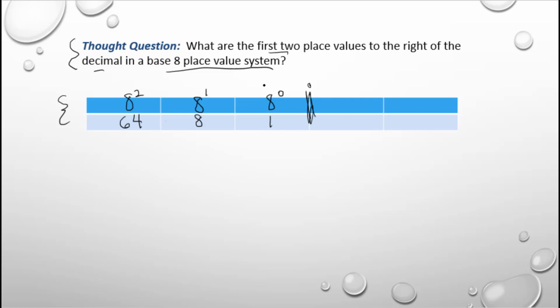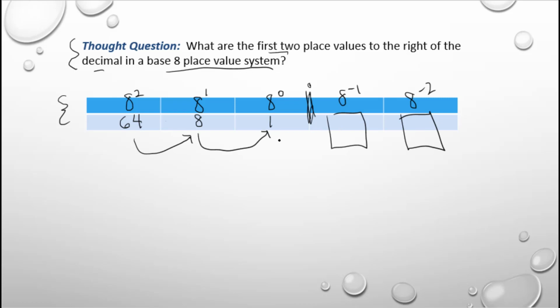So if you remember the pattern, this has got to be 8 to the negative 1 and 8 to the negative 2. And so we just want to find these two numbers here. If we're moving from left to right in this system, every number is 8 times smaller than the previous number.